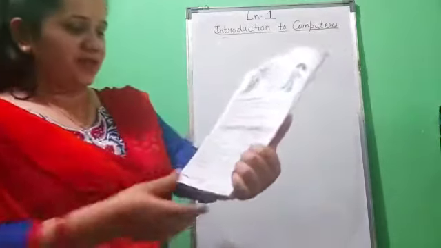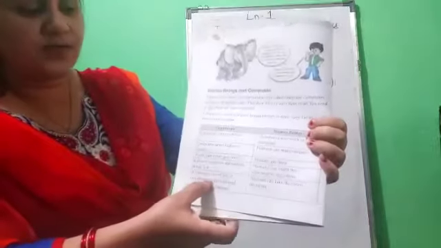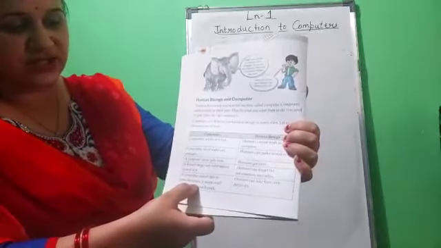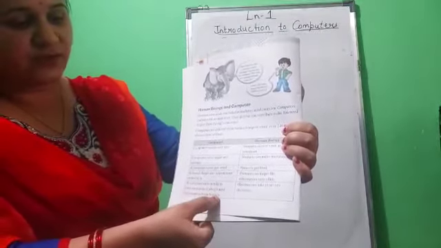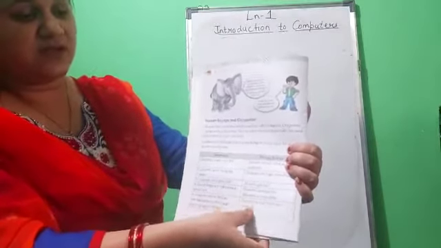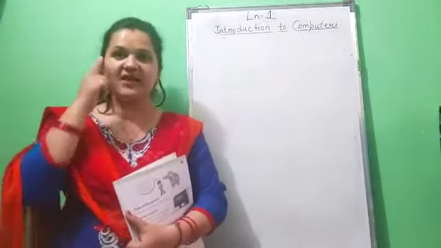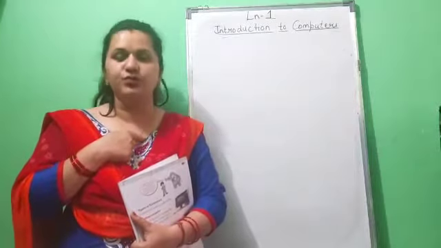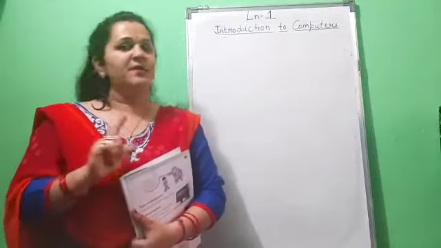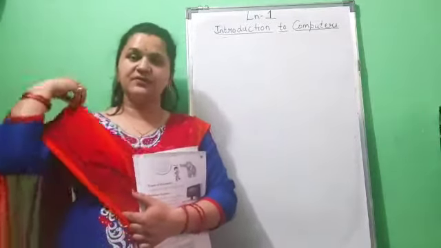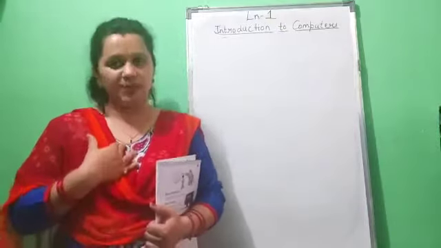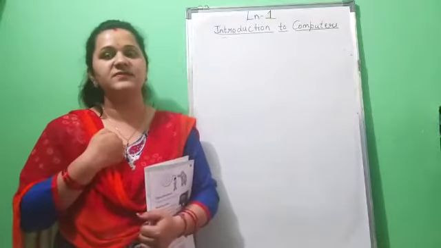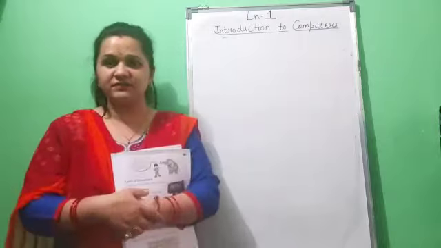Next, a computer cannot take its own decisions. It always needs instructions from humans. Humans can take their own decisions. Children, we humans have a brain. We know what to do, when to do and how to do it. But a computer does not know how to do things. It only requires human instructions. Only when we give the instructions will the machine work.